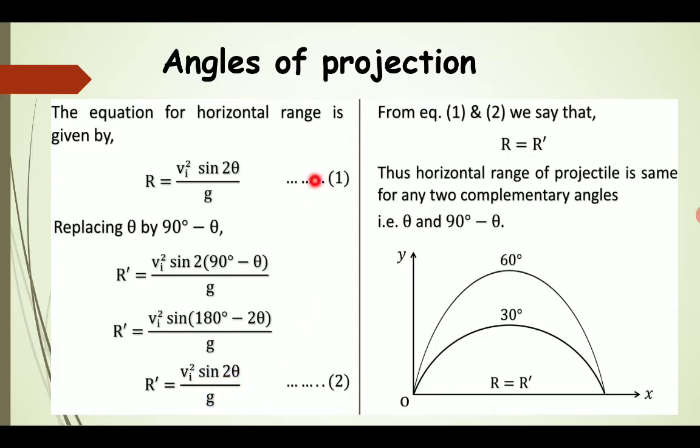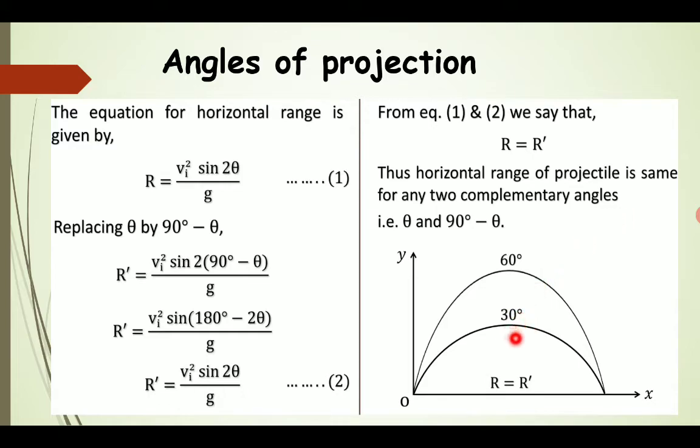Now from this equation, comparing the initial horizontal range and this new range, we get that these two ranges are the same. So R is equal to R dash, and we conclude that the horizontal range of a projectile is the same for any two complementary angles.